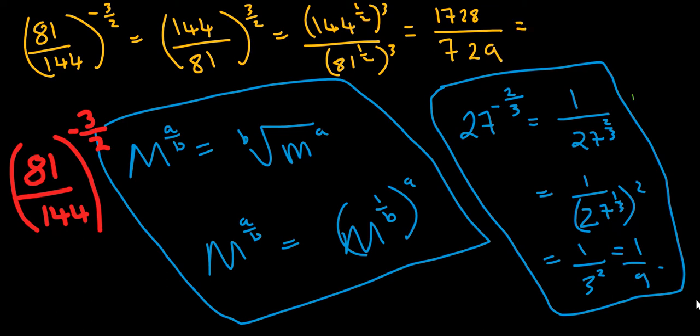And let's simplify that fraction. 1728 over 729 gives 64 over 27, and we can write that as a mixed numeral. That gives 2 and 10 over 27.